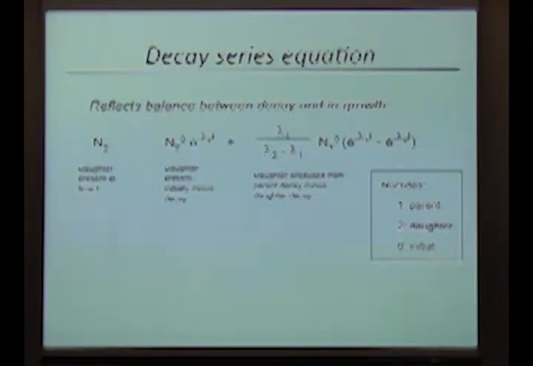And you also have the daughter decay that has happened since that parent grew in, which is the N1 e to the minus lambda 2 t term here. So you have to account for both the daughter that was present initially and its decay, plus the daughter that's being produced by the parent, and whatever proportion of that is decaying away over the time frame that you're interested in, in order to understand how much is there at time t.